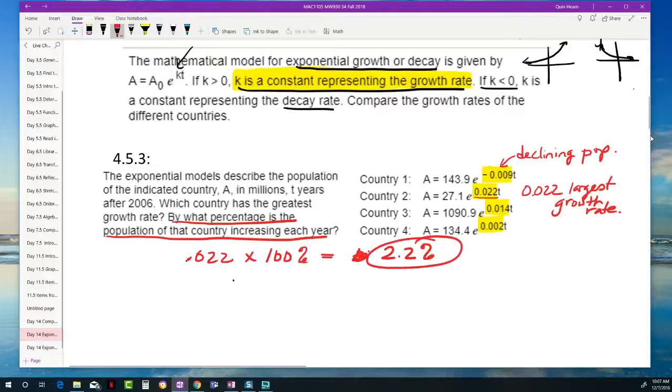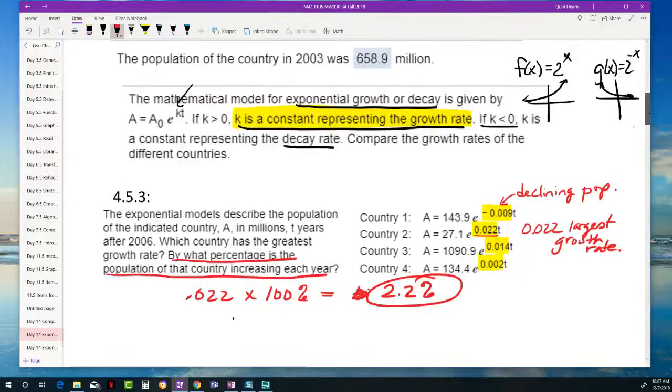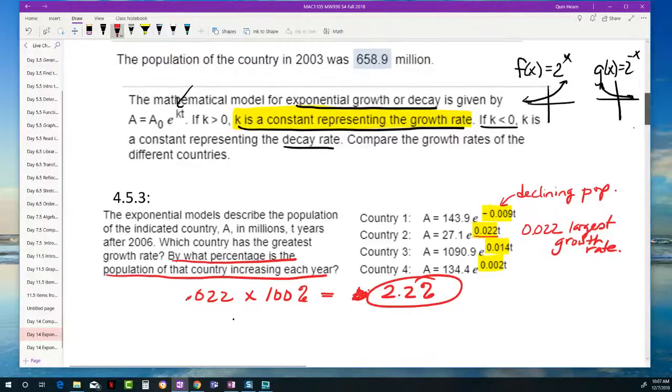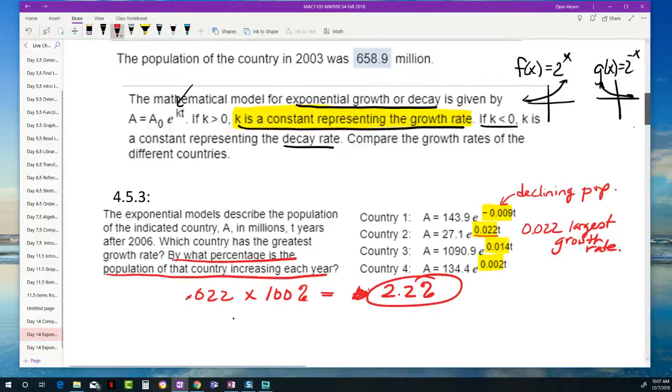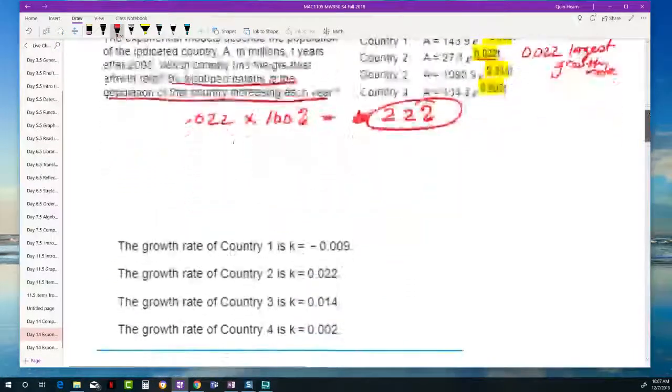So the growth rate of that country is 2.2%. Okay, so for a question like this, you're going to need to know that the coefficient of t is your k that represents the growth rate, and that if you multiply it by 100, you get the percent of increase each year.